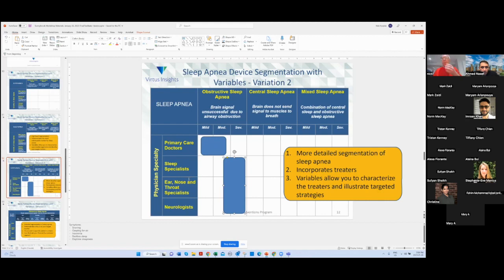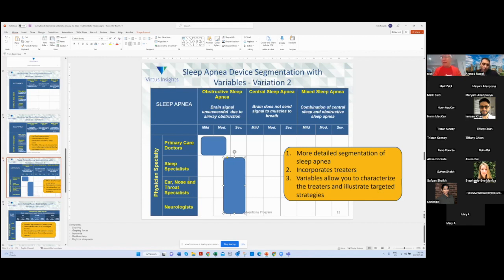So these market segmentation models can also help you in understanding where to channel your resources with your marketing and sales strategies. And that's why this is such a powerful exercise. You not only define your segments, but it also helps inform you of where to channel your resources and where to focus with your strategies.